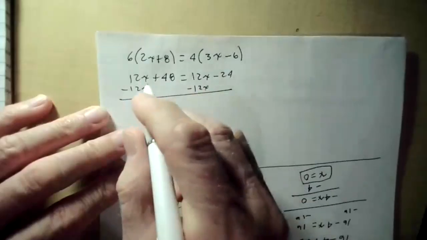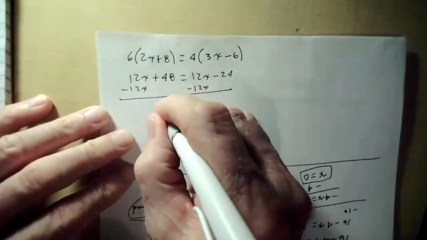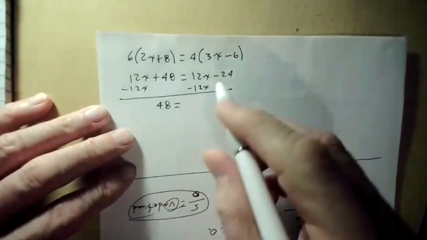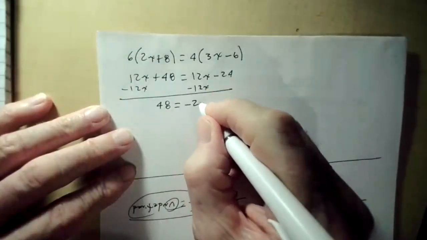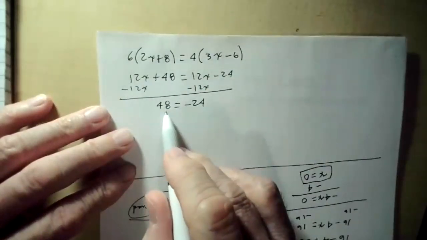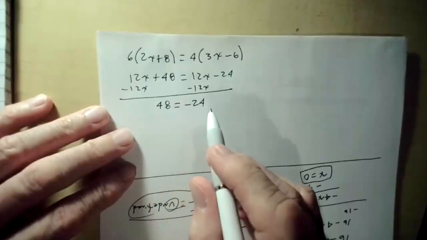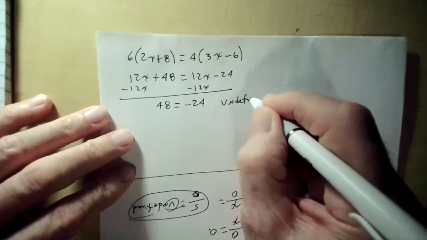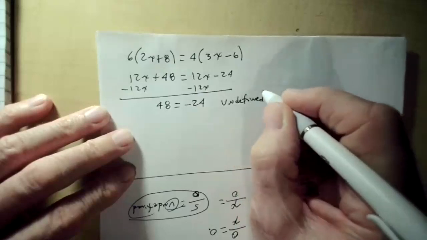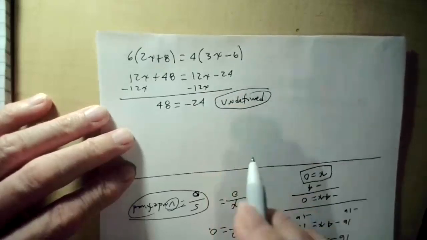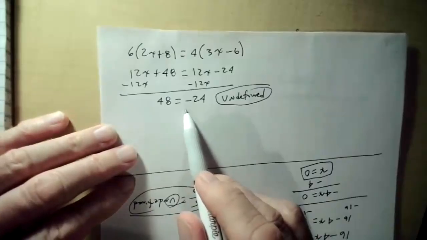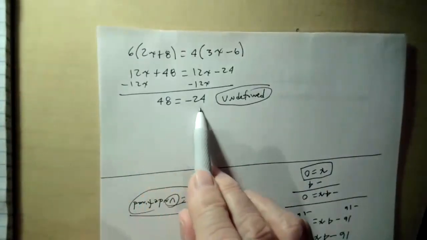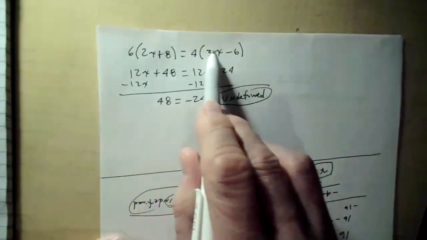Move the variables first. And this is 0. So we have 48 equals negative 24. Now, 48 does not equal this. So this is undefined. Okay, that makes sense.